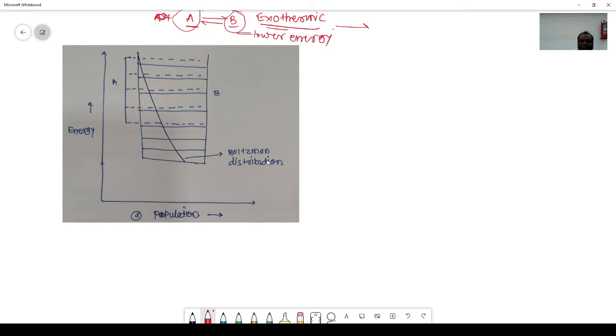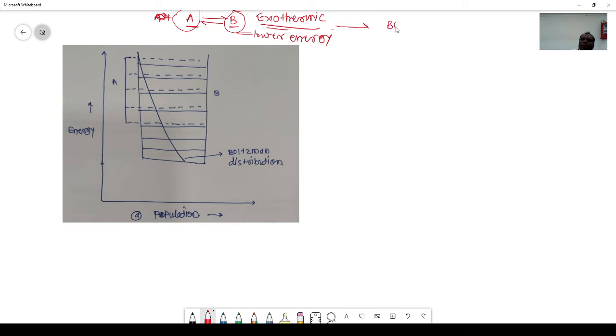Why? Because during the reaction energy is liberated. That is called an exothermic reaction. If energy is absorbed, it is called an endothermic reaction. We know that.